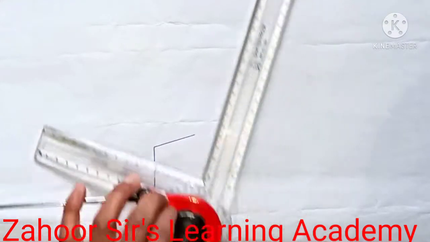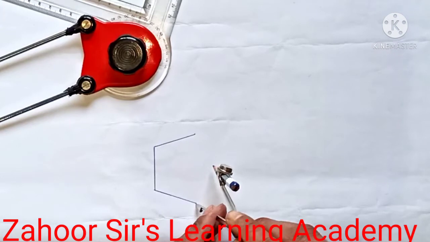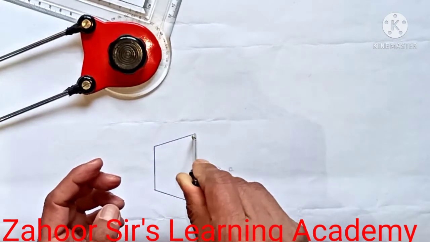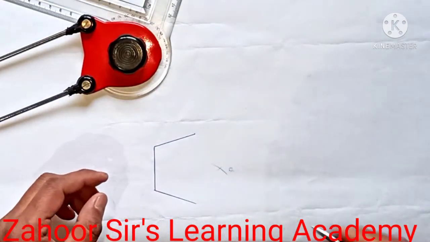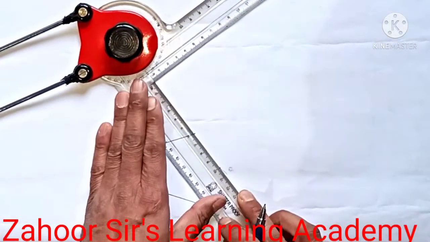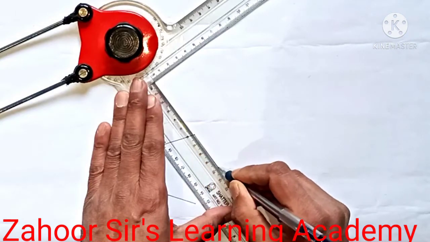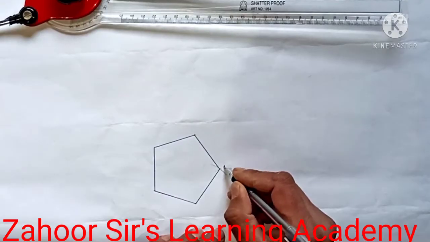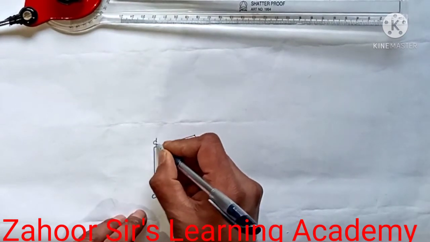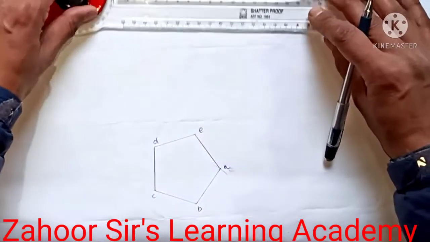Then keeping one leg of the compass here, cutting an arc, and one leg of the compass here, cutting an arc, and joining these points with the respective sides. This is my A, this is B, C, D, and this is my E. So this is how we have to draw the pentagon first.